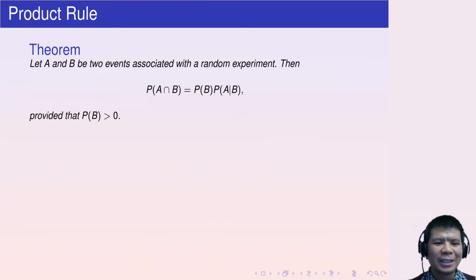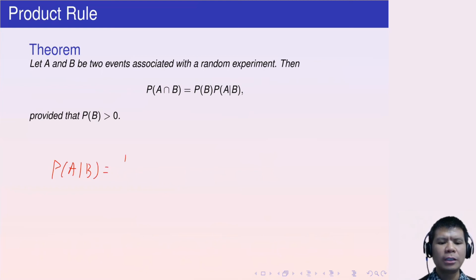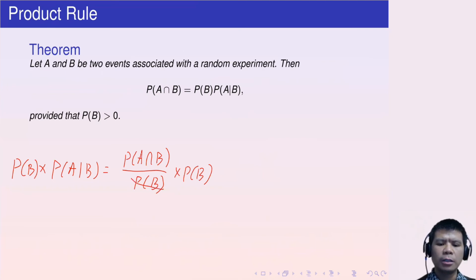For instance, A given B, by definition, is the probability of their intersection over the probability of B. Now, if I multiply the probability of B on both sides, you see that this is canceled out.